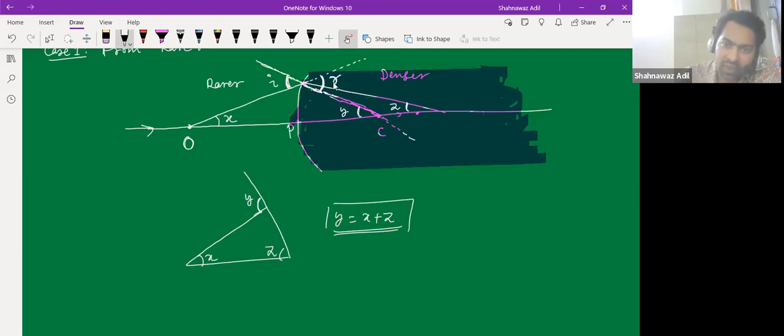So remember that for this triangle, let's say AOC, R is the exterior angle, and X, Y are the interior angles. And for let's say ACI, this is the exterior angle Y, and this one is the interior angle, right?